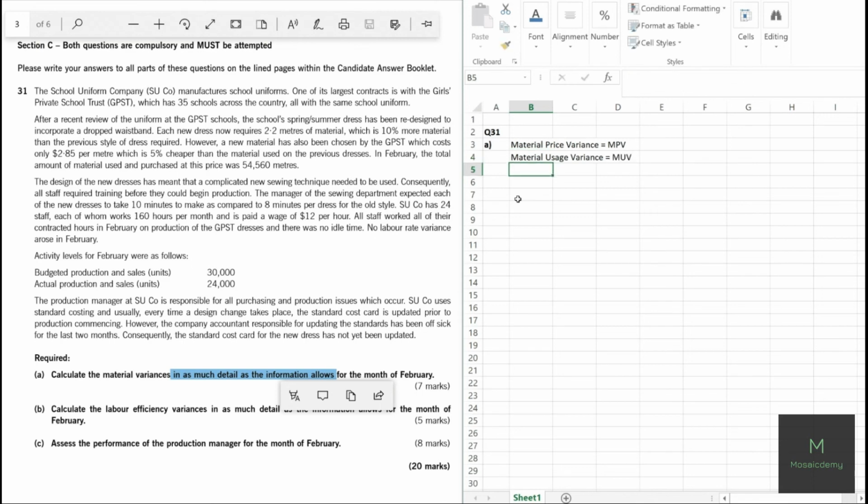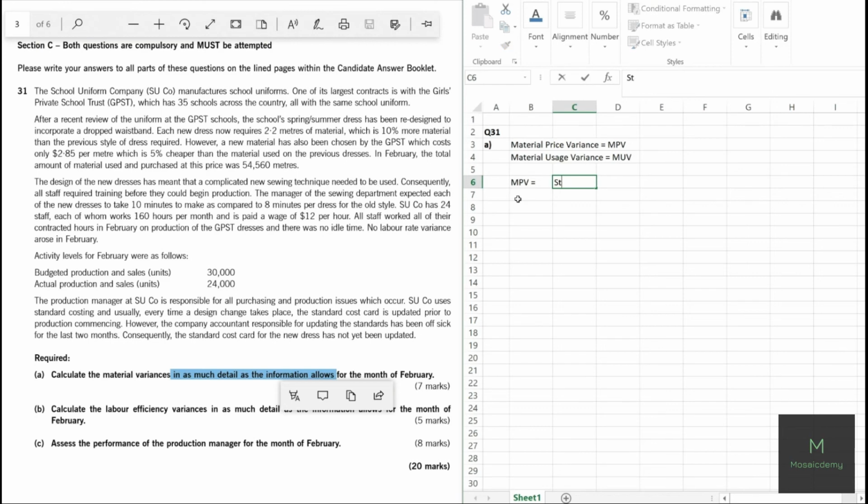Okay, and then we have the planning and operational components. Okay, so let's start with the material price variance. So again, we're gonna use some shorthand, so we might want to write them down, or we might just write them in the actual cells that we do. So material price variance is equal to, and we'll put in our formula.